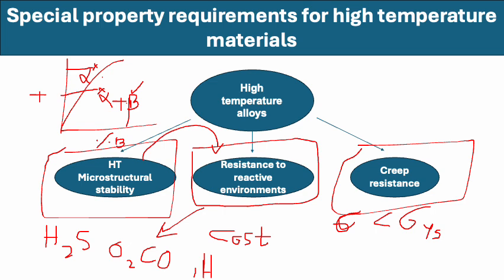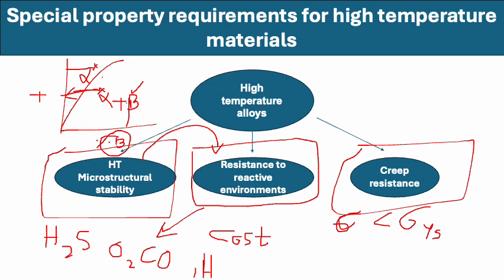But if oxidation or decarburization consumes this element B to form either oxide or carbide, then locally your composition of B decreases, and you might cross the solvus line at some point, and you will have a precipitate dissolution zone beneath this oxide or carbide layer that formed in the material.